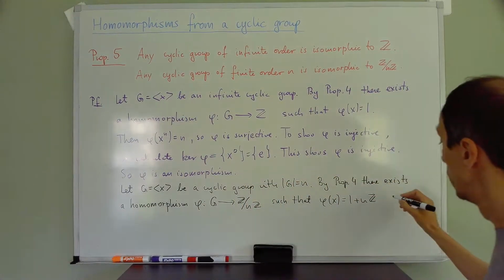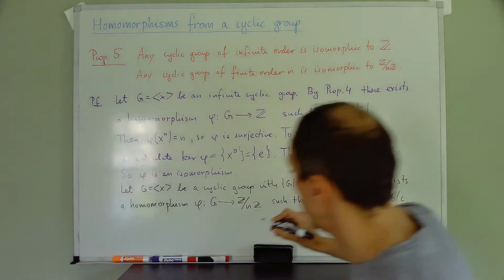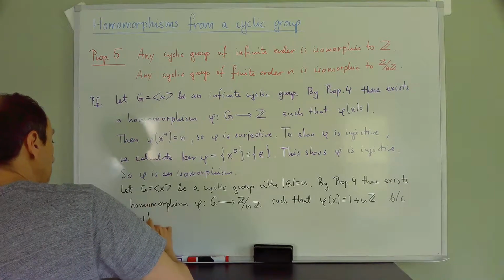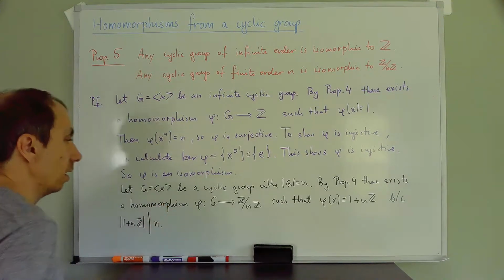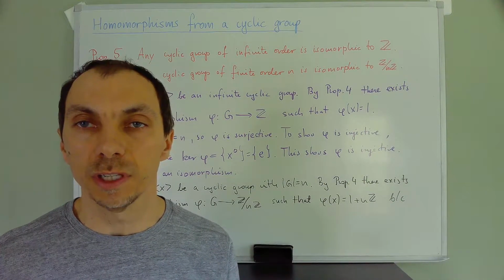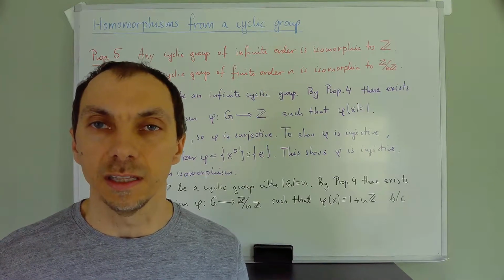Why is that true? Because the order of 1 plus nZ divides the order of G, so divides n. In fact, it's equal to n, right? But for the existence of the homomorphism, all I need is that it divides n.